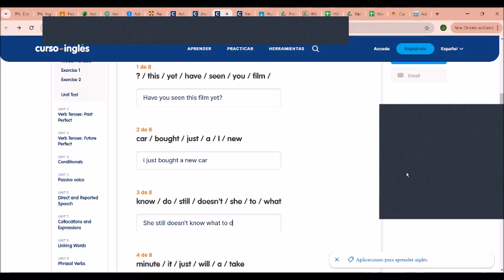Full sentence. Repeat. She doesn't know what to do. She still doesn't know what to do. All right.